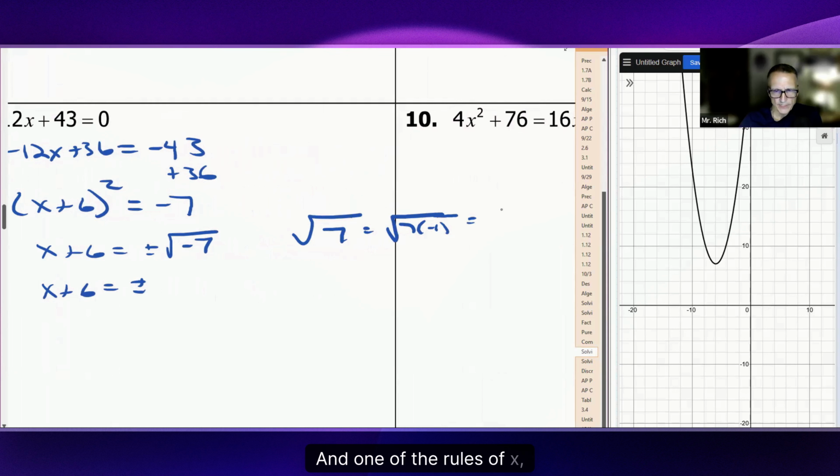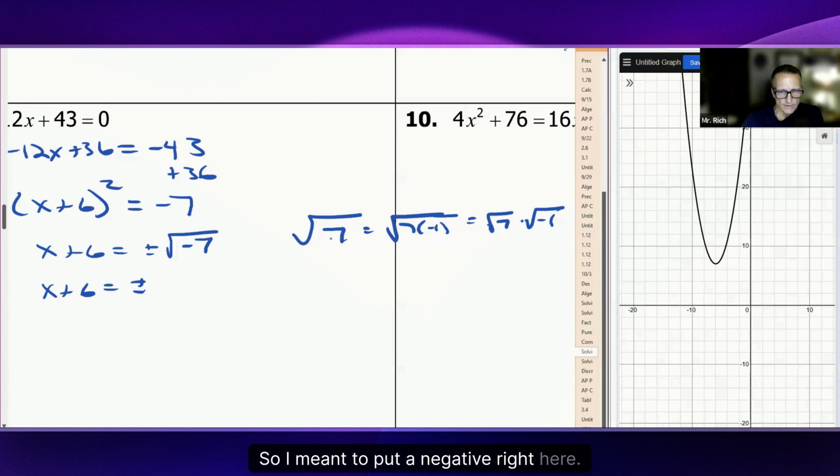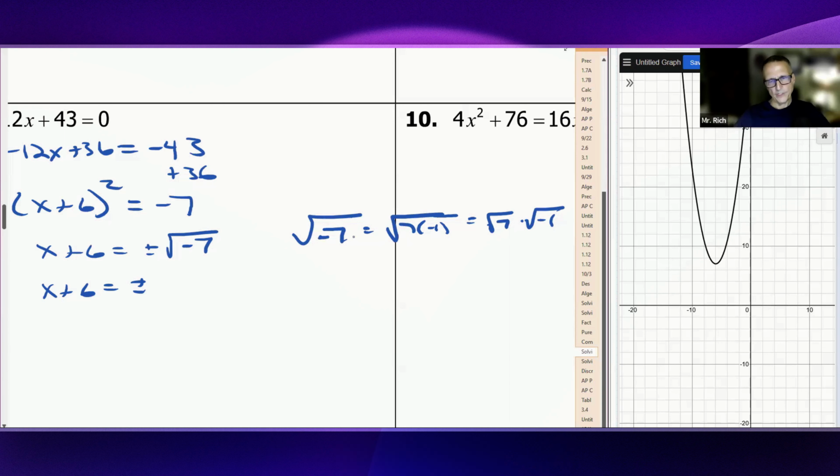One of the rules of radicals is that multiplication under a radical can be split into two separate radicals. So the square root of negative 7 is the square root of 7 times negative 1, and splitting it out, it's root 7 times root negative 1.